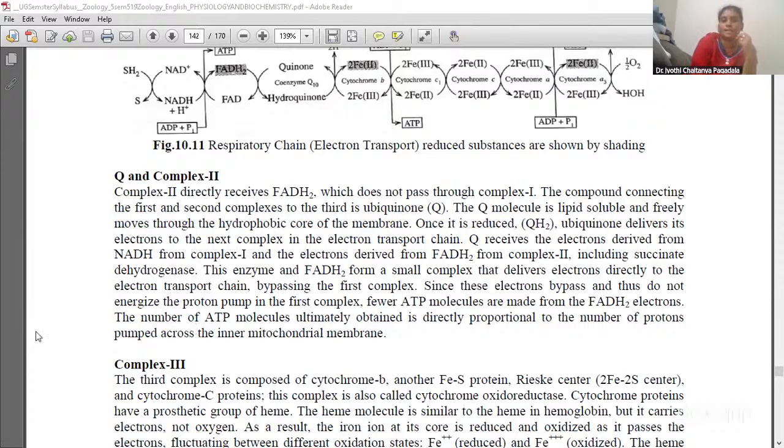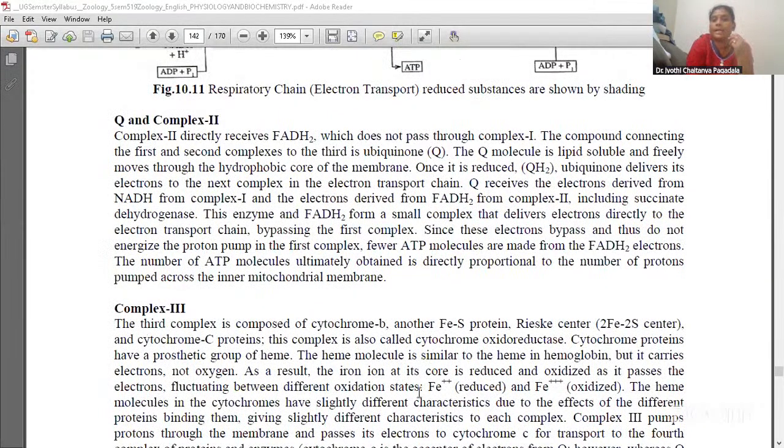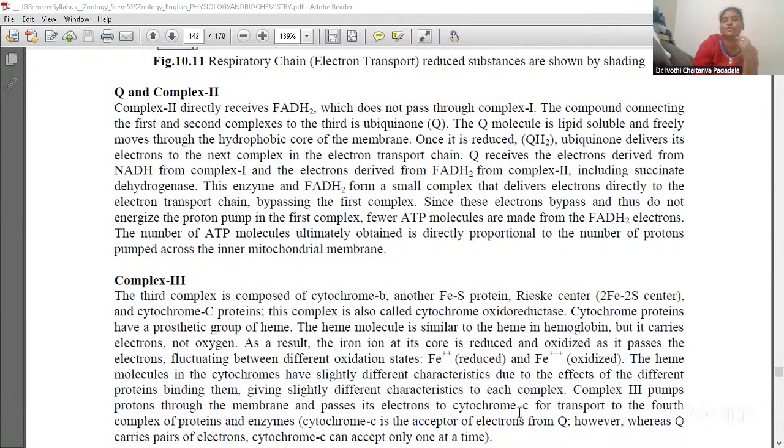As a result of this, the iron ion at its core is reduced and oxidized as it passes the electron. It fluctuates between different oxidation states: Fe+2, the reduced form, and Fe+3, the oxidized form.